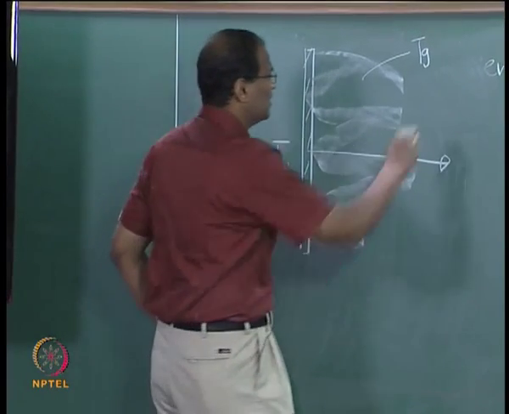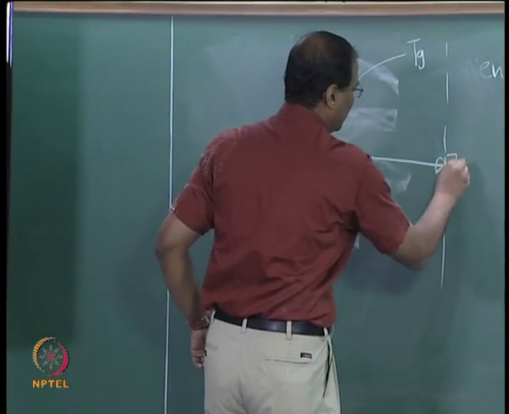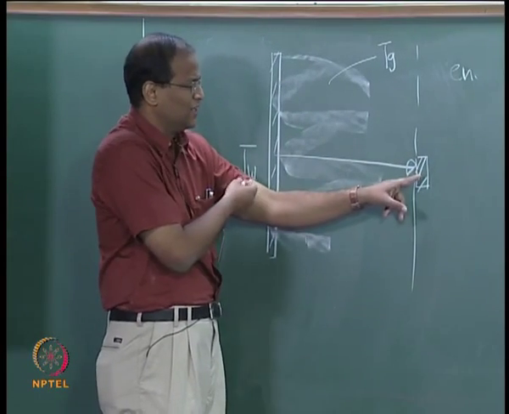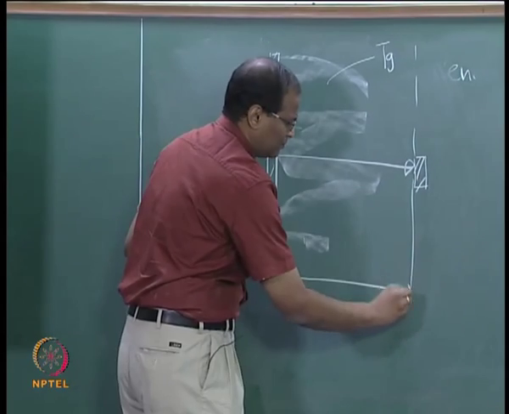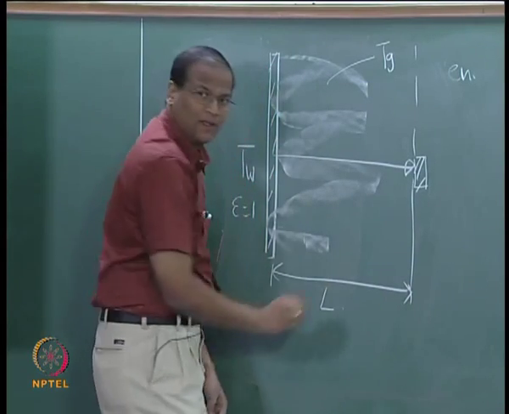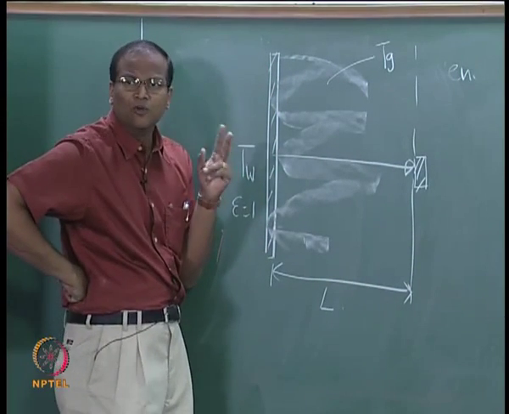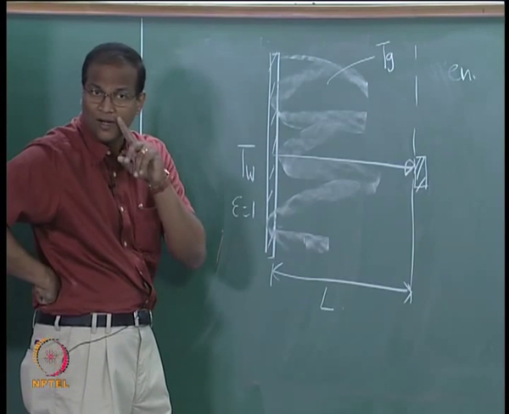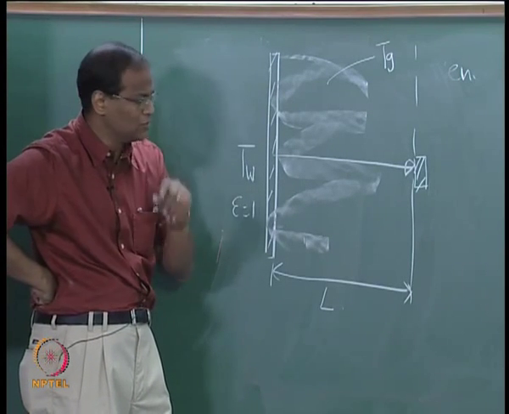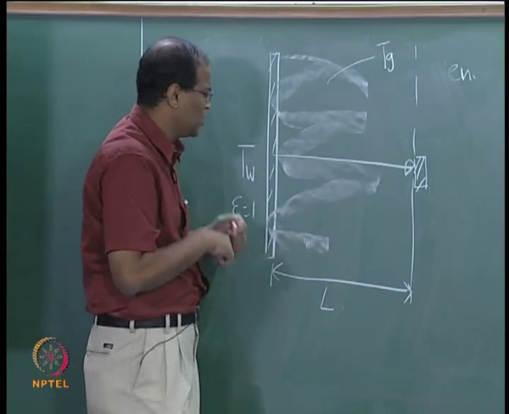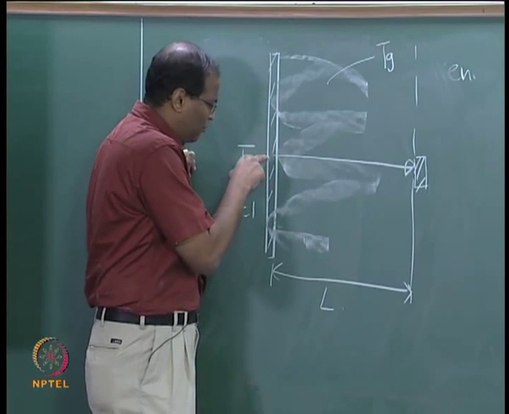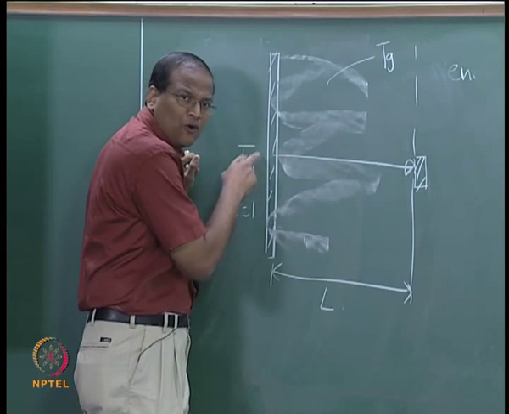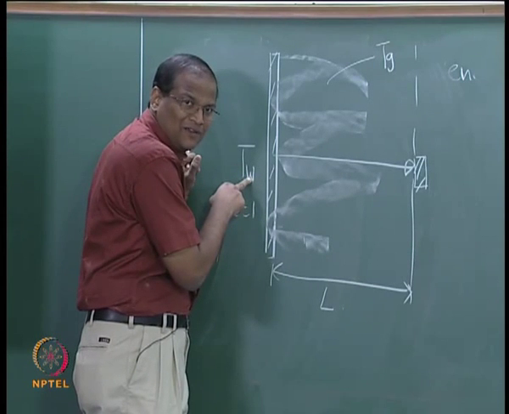Let us say I have a receiver, a receptor, at a length L. The radiation falling on it is made up of two contributions. The first contribution is the radiation from the wall, given by sigma Tw to the power of 4 by pi, that is I lambda.